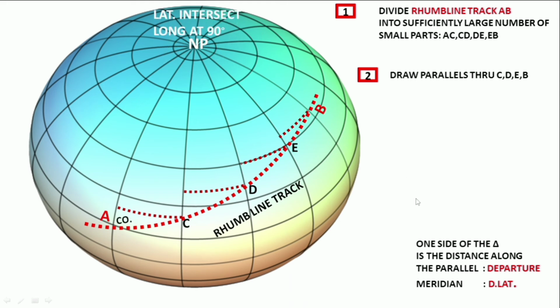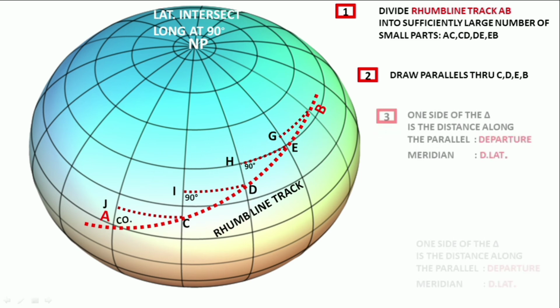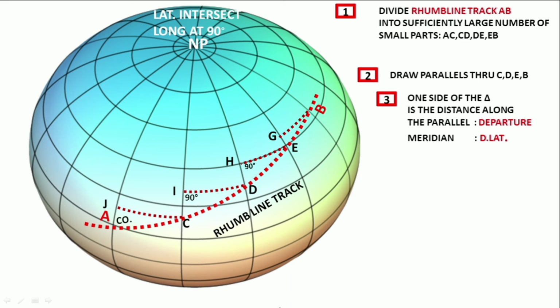And we know that the latitudes intersect the longitude at 90 degrees. So these triangles have become right angle triangles. And one side of this triangle is your departure, and one side of your triangle is D-lat.